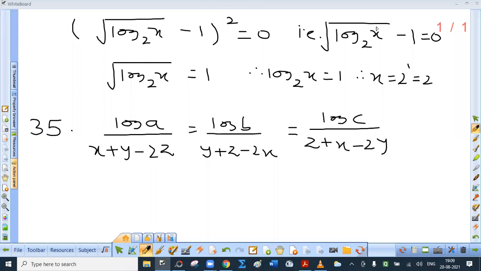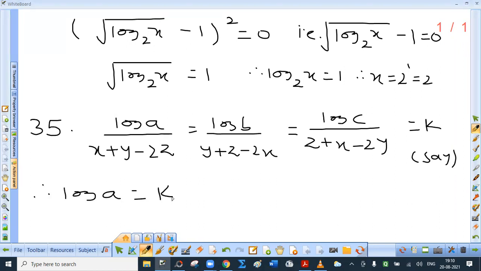35th, if log a upon x plus y minus 2z is equal to log b upon y plus z minus 2x is equal to log c upon z plus x minus 2y, show that abc is equal to 1. Good. So we begin with, let each ratio be k. So what is log a?